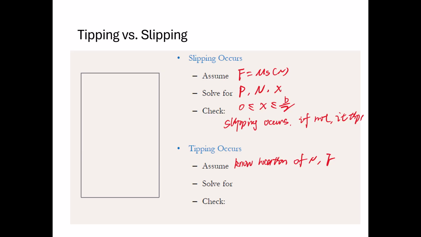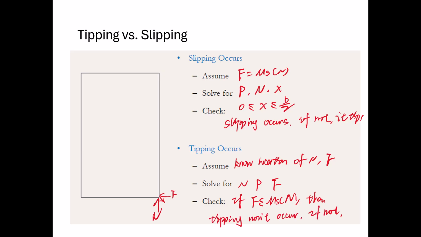We just need to check, okay, if F is smaller than mu s times N, and then tipping occurs. If not, it will slip. Okay.